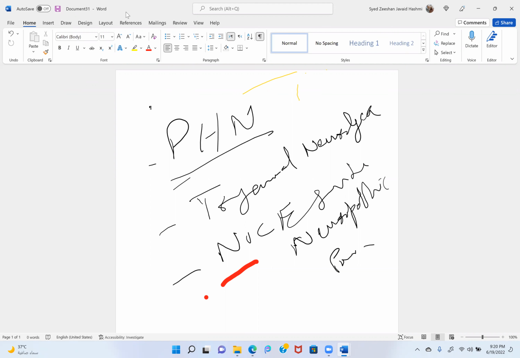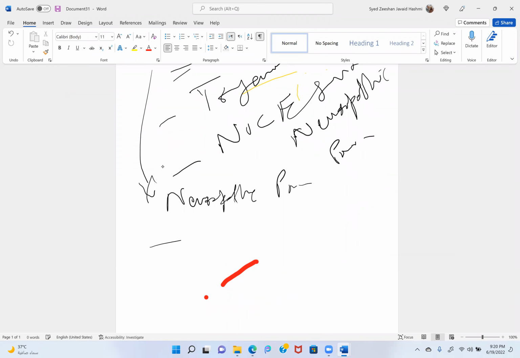Post-herpetic neuralgia is basically a chronic pain which will occur after herpes zoster infection. It's a neuropathic pain. Usually it occurs after acute herpes zoster, shingles.